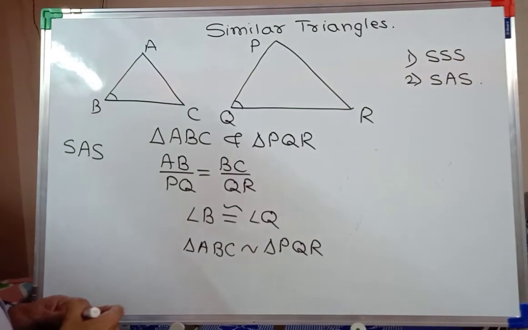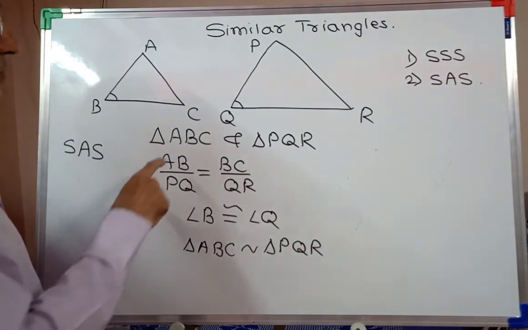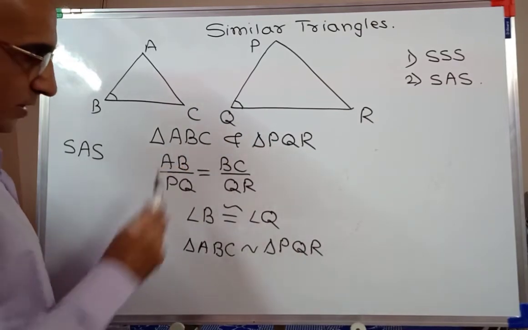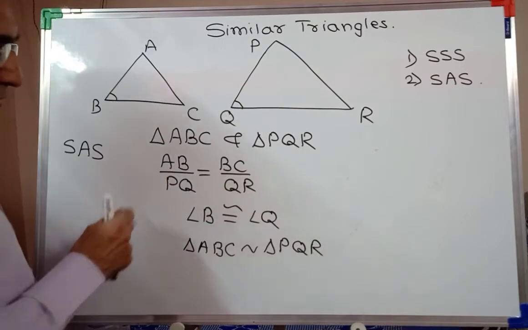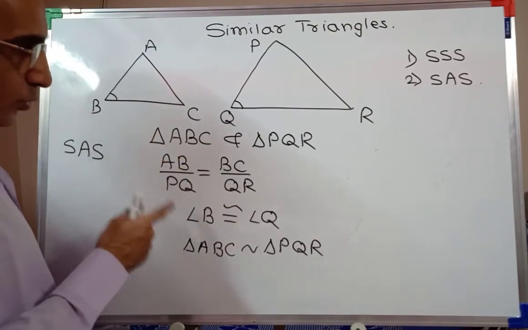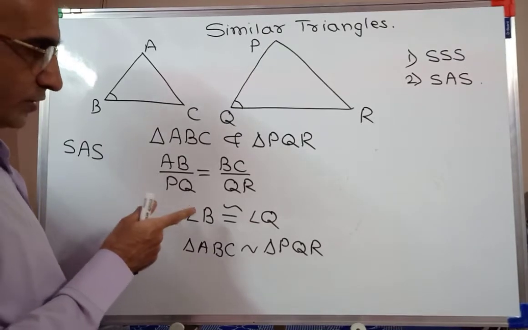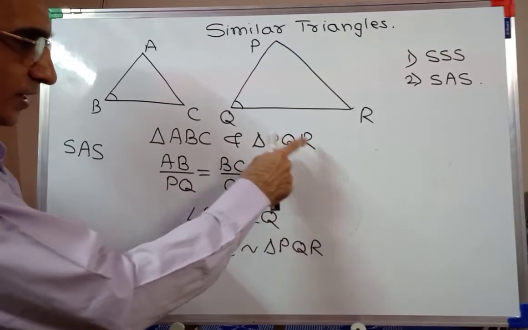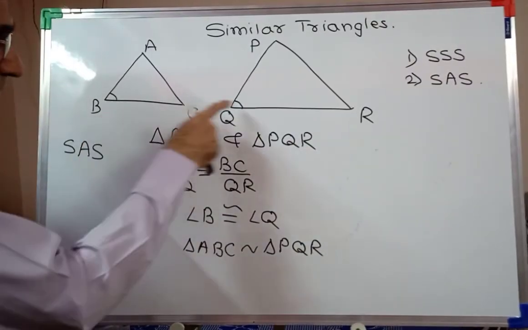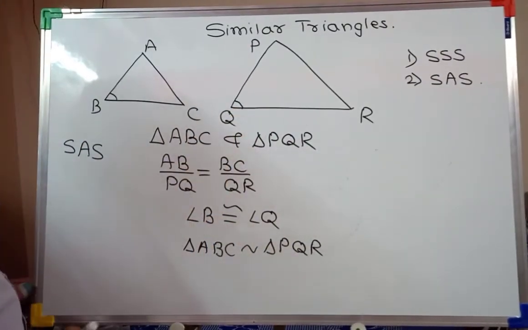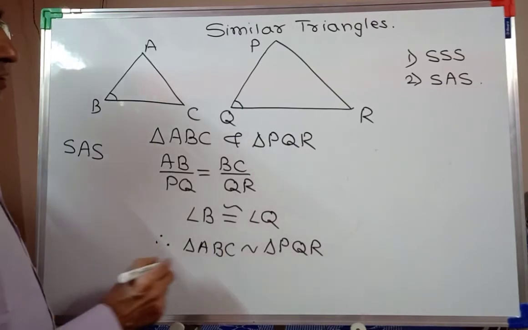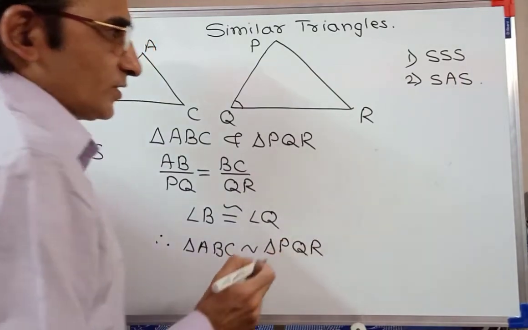What is the SAS test? For a given 1-1 correspondence between two triangles, if two sides of the first triangle are in proportion with the corresponding two sides of the other triangle, and the included angles are congruent, then the two triangles are similar. This is called the SAS test.